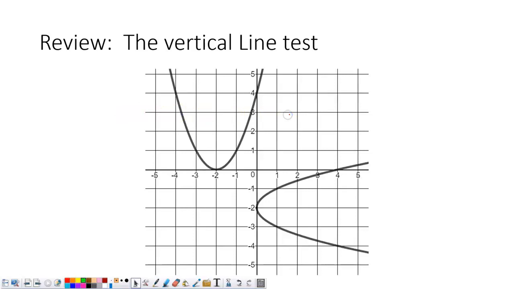If you draw a horizontal line and it touches twice, even though that may be a function because it passes the vertical line test, if it fails the horizontal line test, that means when you flip it over, it will fail the vertical line test, and so there would not be an inverse. And so what we say then is that if it passes the vertical line test, cool, it's a function. But if it doesn't pass the horizontal line test, then that function does not have an inverse.